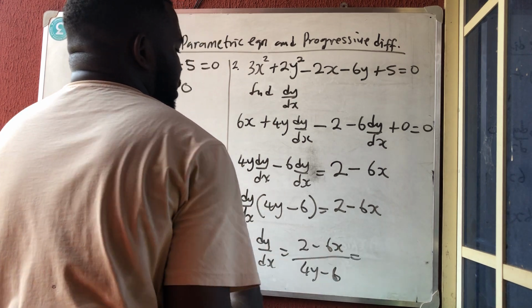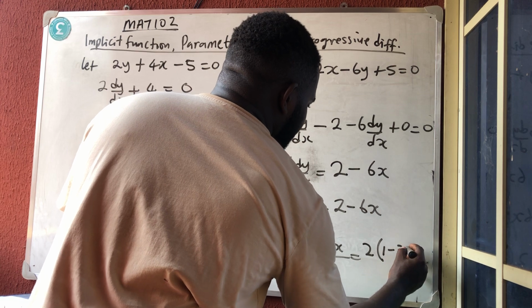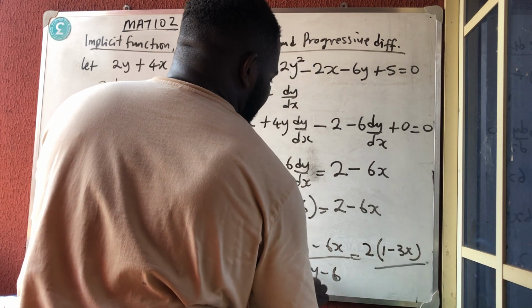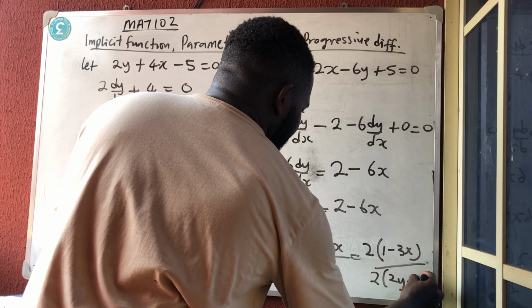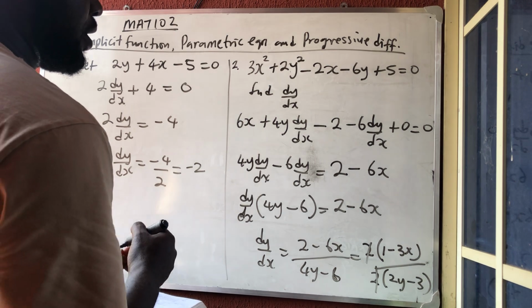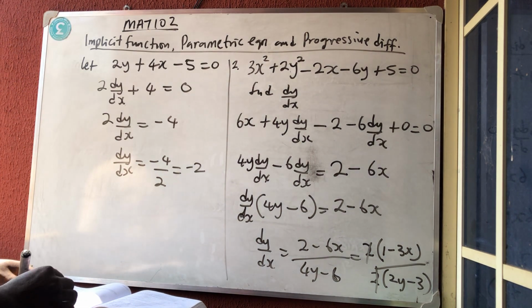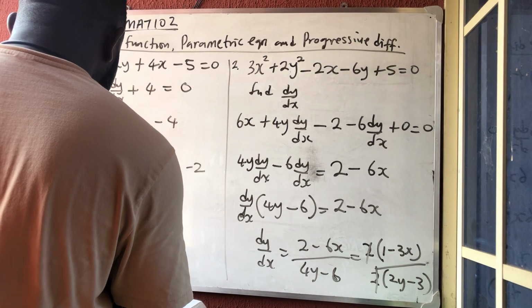As simple as that. If you look at the numerator, 2 is common. If I bring 2 common, I'm having 1 minus 3x. Denominator, if I have 2 common, I'm having 2y minus 3. So 2 can cancel 2, and I'm left with 1 minus 3x all over 2y minus 3. And that is just the answer.